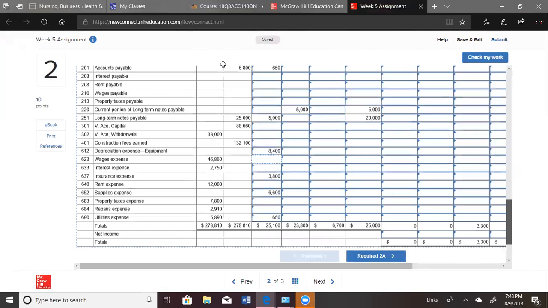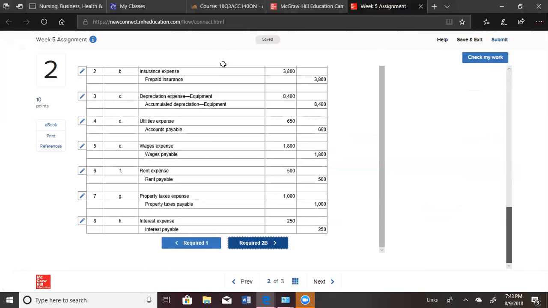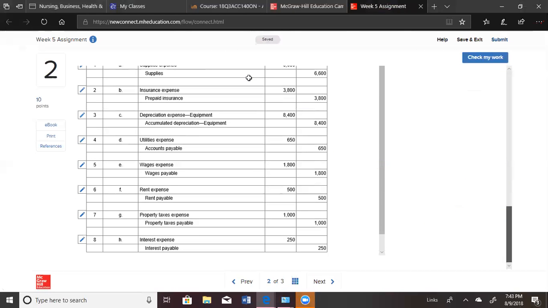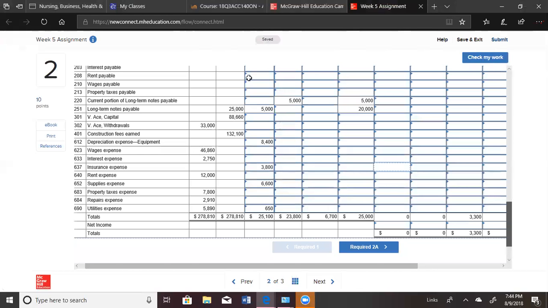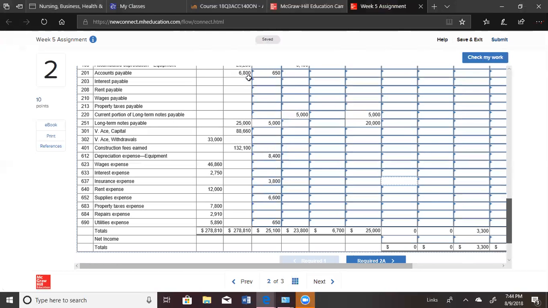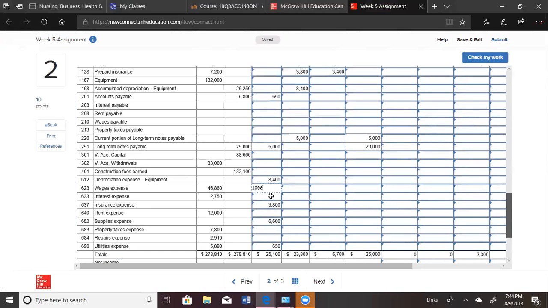Wages expense. Oh, the wages. Oops. Wages payable 1,800 as a credit.